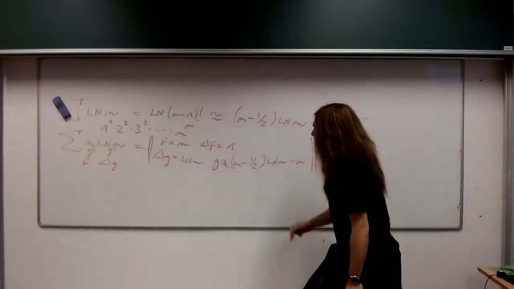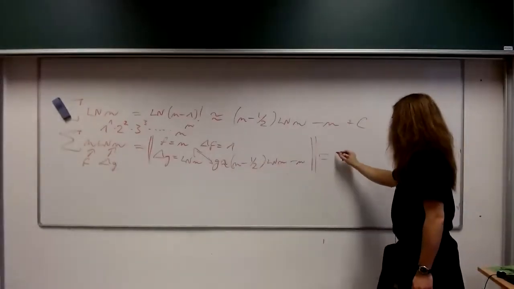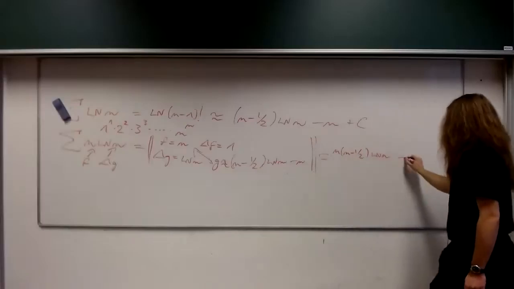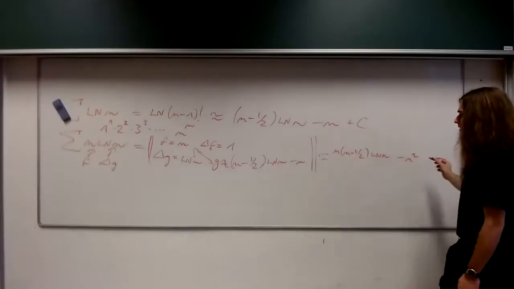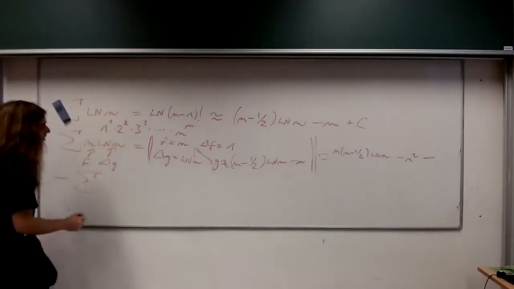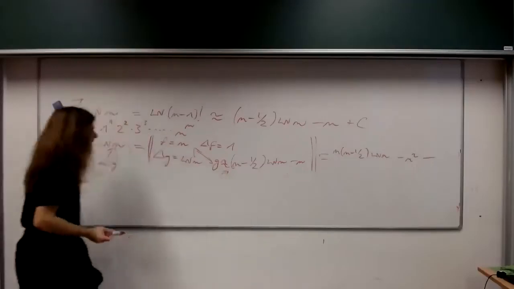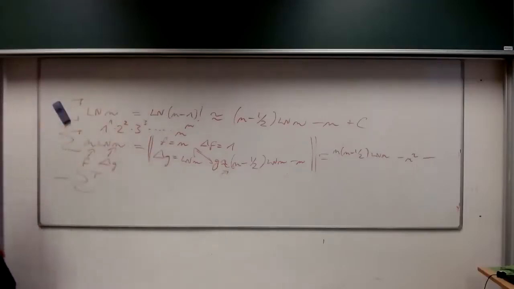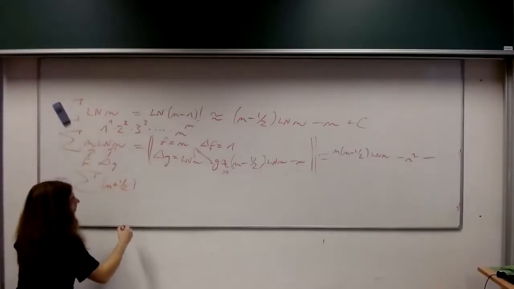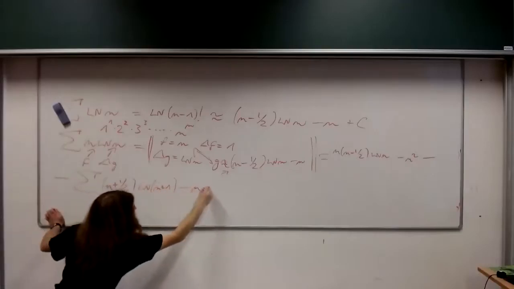So here we get product of those two things, which is n minus 1/2 logarithm of n minus n squared, and then we subtract the sum of product of these, but this has to be taken not in n, but in n plus 1. So here we get something like n plus half logarithm of n plus 1 minus n minus 1.